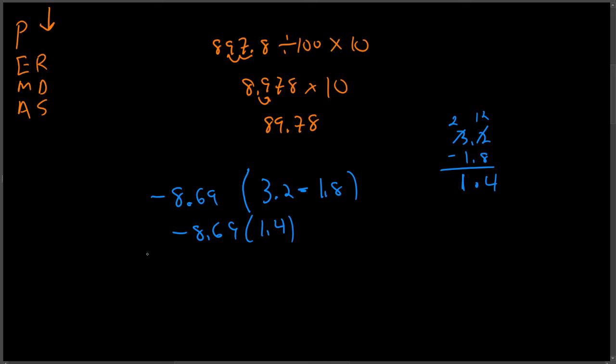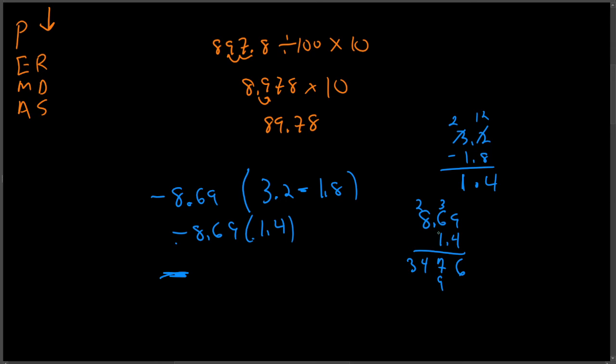Now here comes the big multiplication. So I'm going to have a negative times a positive, so my answer is going to be negative. So 4 times 9 is 36, carry my 3. 4 times 6 is 24, plus 3 is 27. 4 times 8 is 32, plus 2.